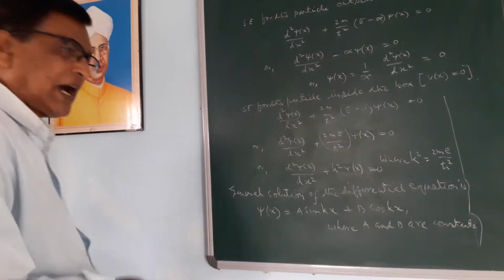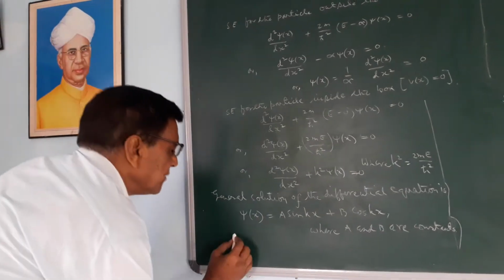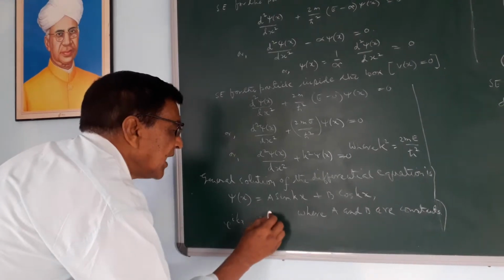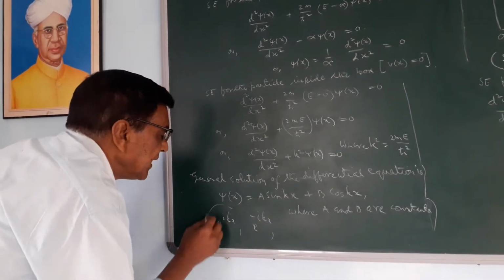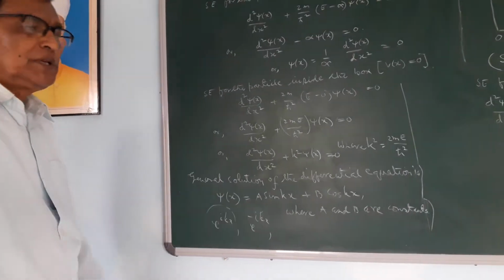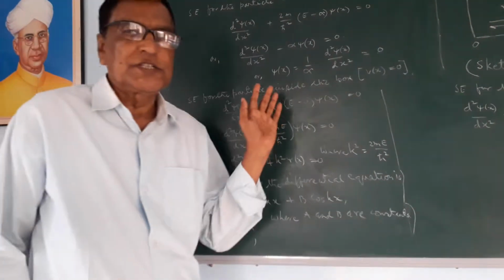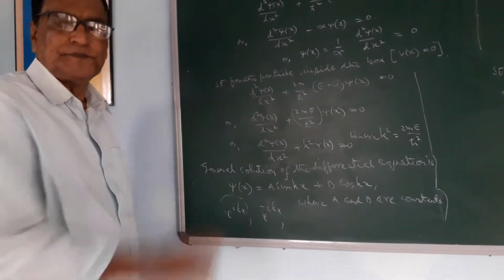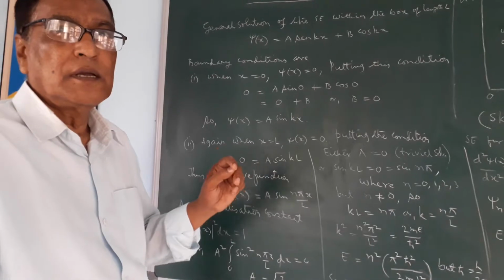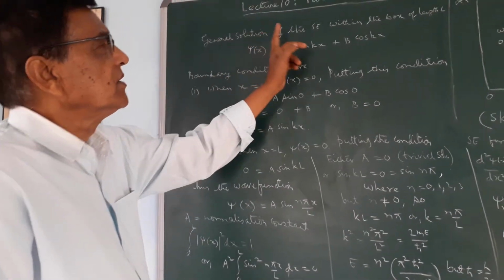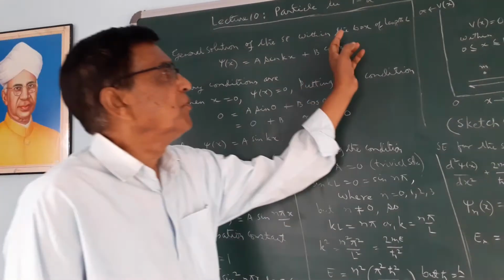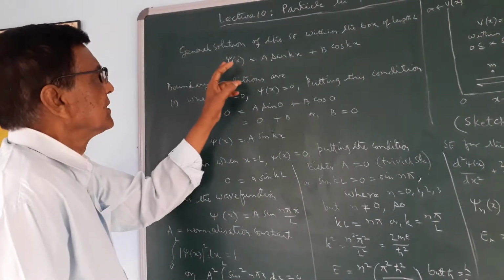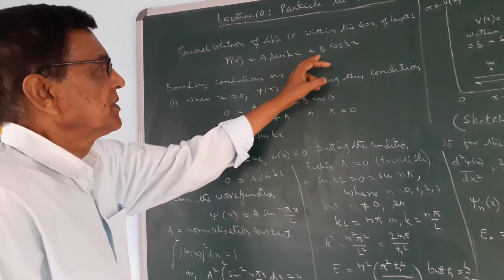Other solutions may also be there, like e^(ikx) or e^(−ikx), or any linear combination of these two can also be a solution to this same Schrödinger equation. The general solution of the Schrödinger equation within the box of length L is already reduced: ψ(x) = A sin kx + B cos kx.